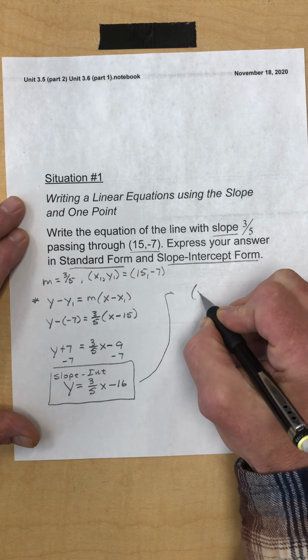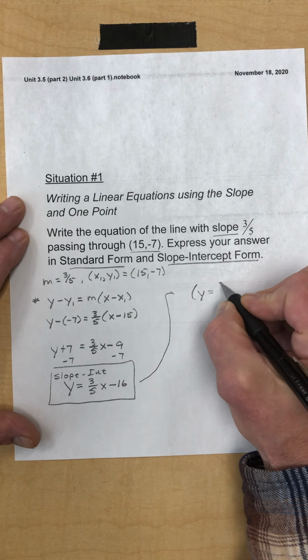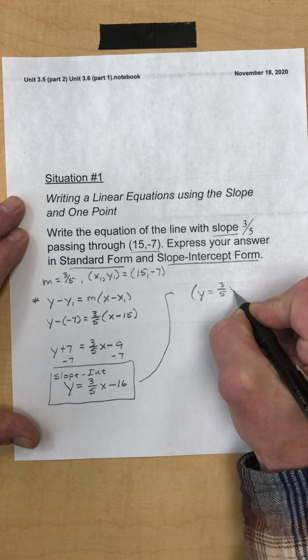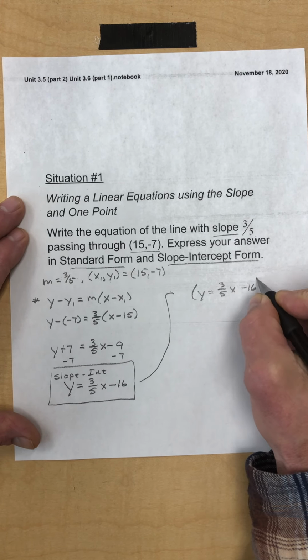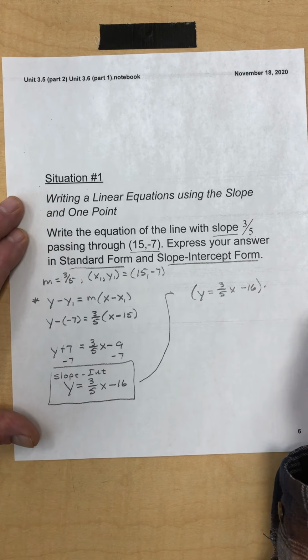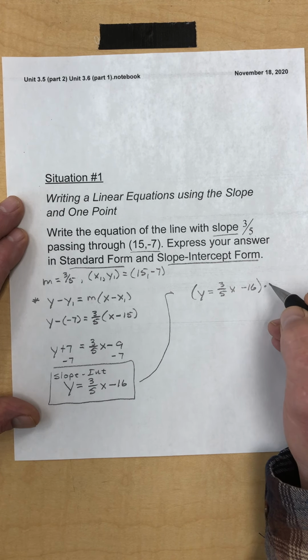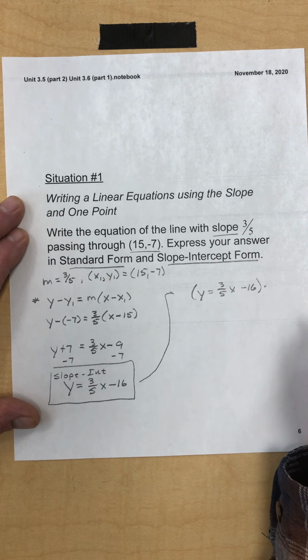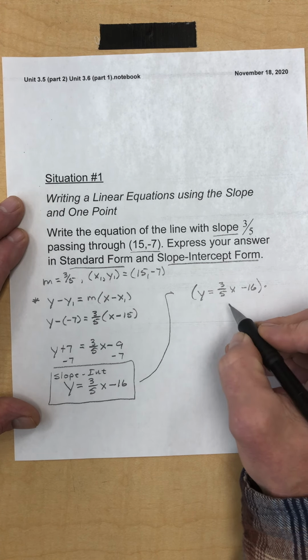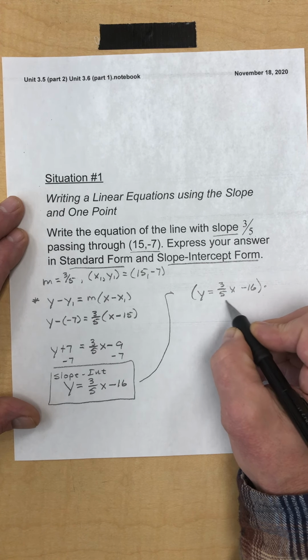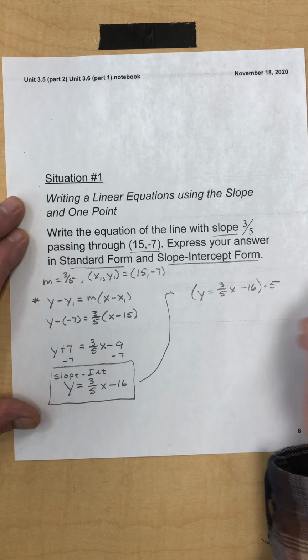If we take this, y equals 3/5 x minus 16, what I have to do is multiply through by the least common denominator of all of the fractions in the equation. Obviously this equation only has one fraction, so I multiply through by 5.